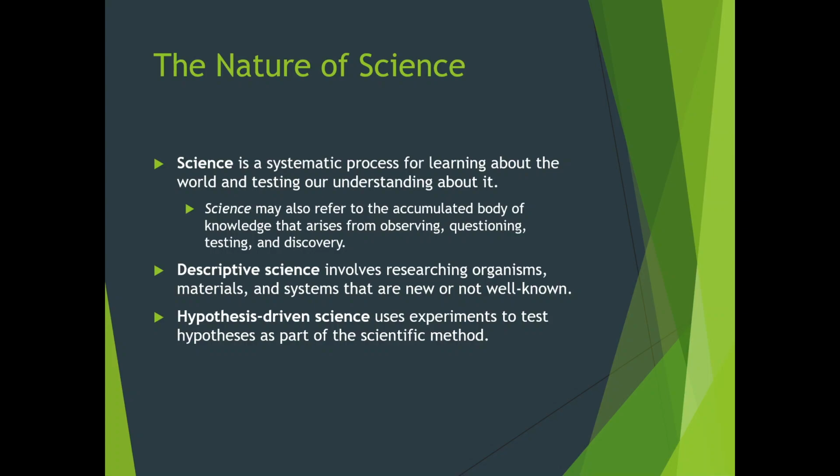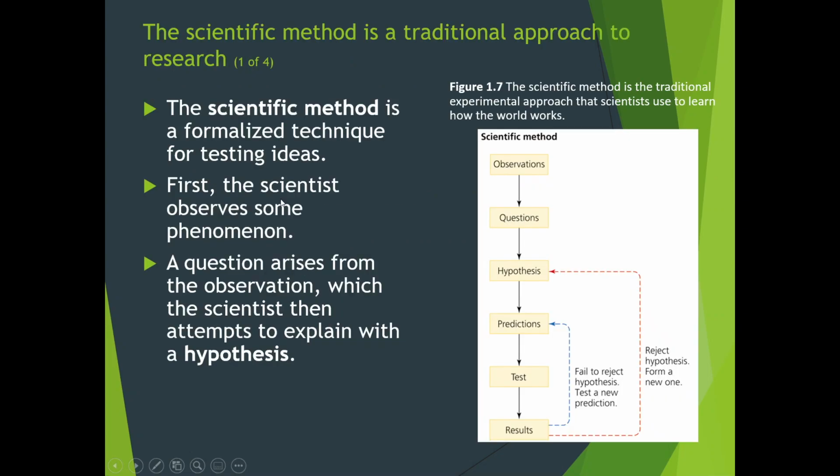Descriptive science goes into doing a lot of research, and there's hypothesis-driven science, which uses experiments to test hypotheses as part of the scientific method. So we can just collect the data, or we can do hypothesis-driven science.